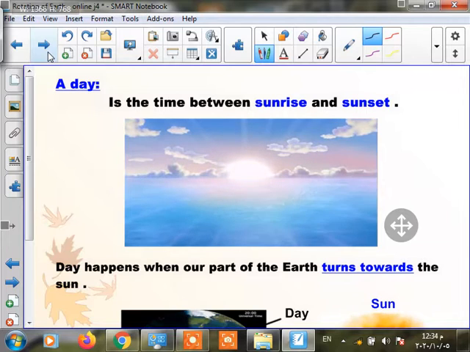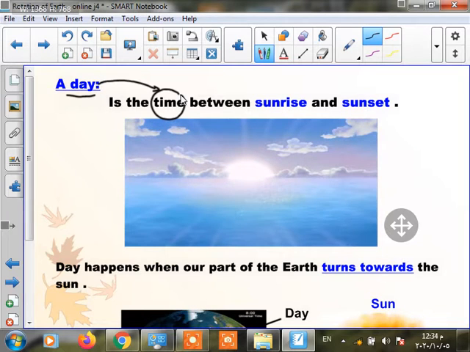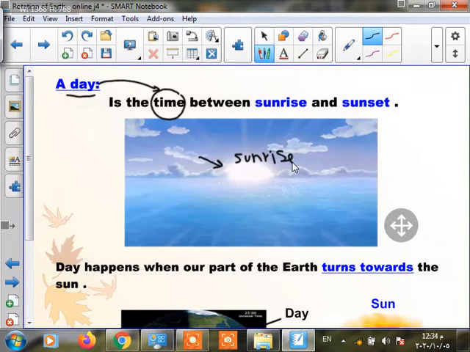A day. Day is a time, I use day for time between sunrise and sunset. Look at this picture. When the sun becomes white or bright, here is sunrise. And when the sun becomes orange, here is the time of sunset.